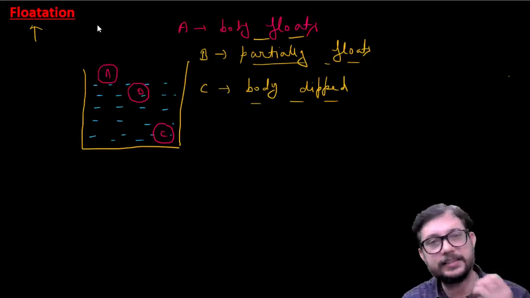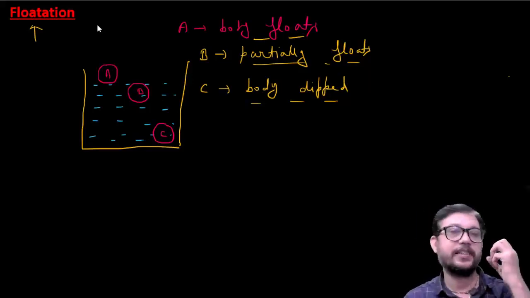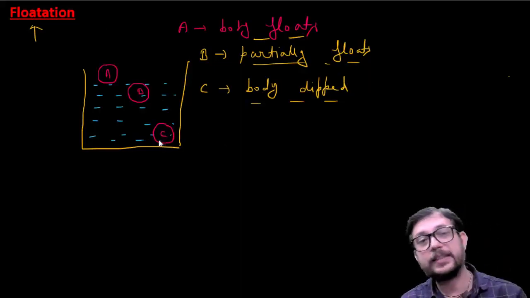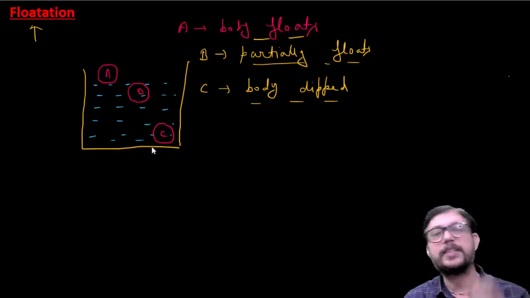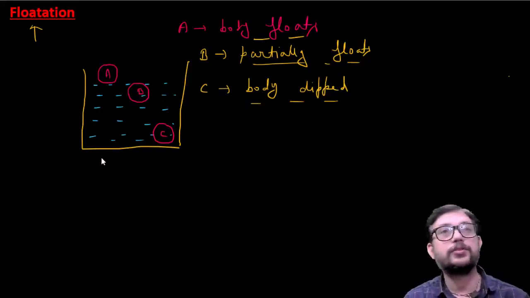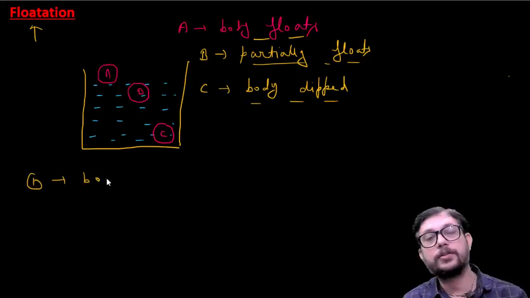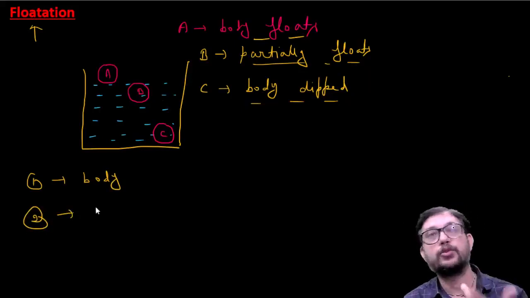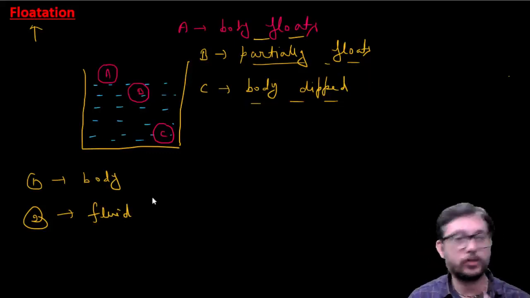In this lecture, we will discuss the reason behind flotation. We have different things here: number one, you have a body, and second, the fluid you took for your experiment.